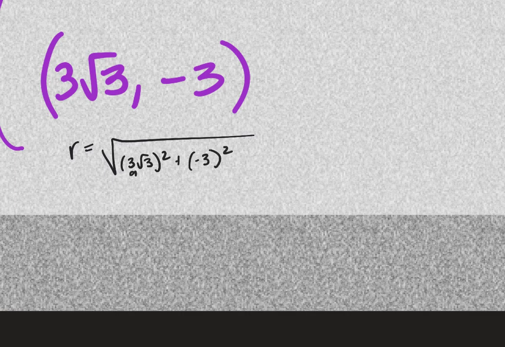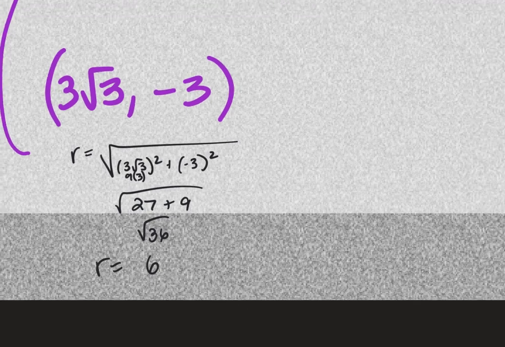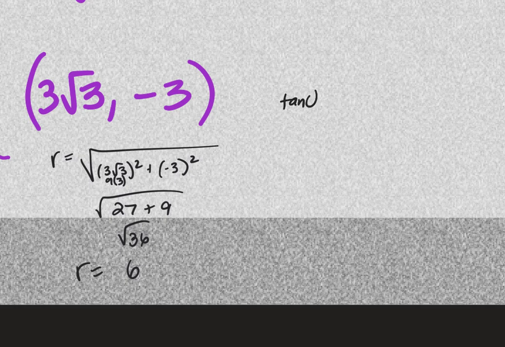So this becomes 9 times 3. That's 27 plus 9, square root of 36, which is 6. And then tan theta would be -3 over 3√3. The 3's cancel. I get -1 over √3, and that gets rationalized to -√3 over 3, because you'd have to multiply both the top and the bottom.